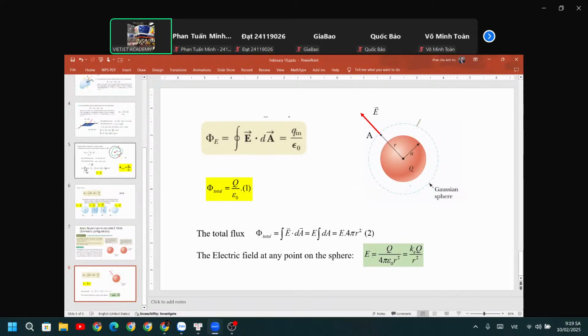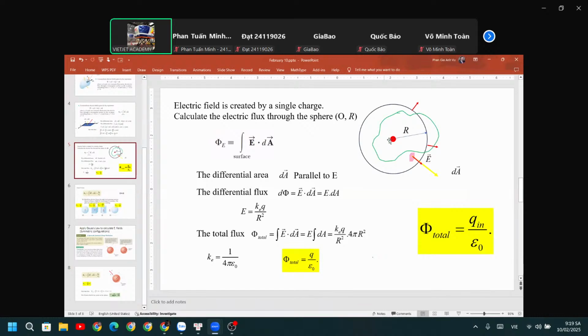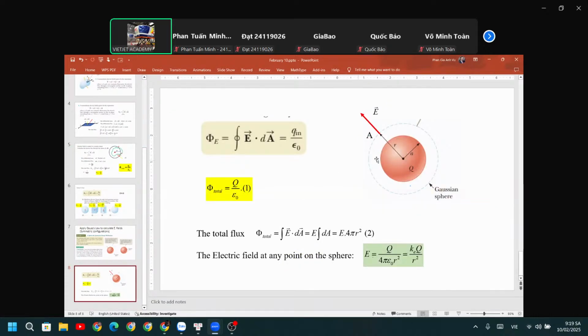It's exactly what we had before. If you have a single charge, then the electric field is keQ over r squared. Now you have the sphere, it isn't the point charge anymore. It's big, right? But you have the same electric field formula, as if we have the charge at the center.